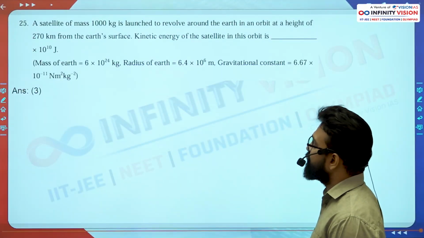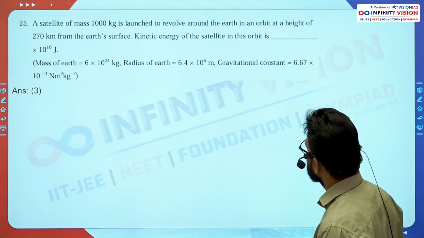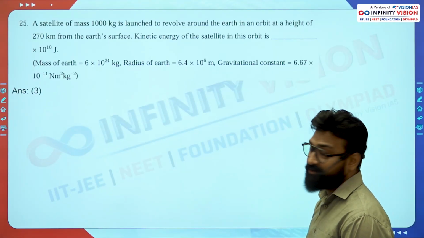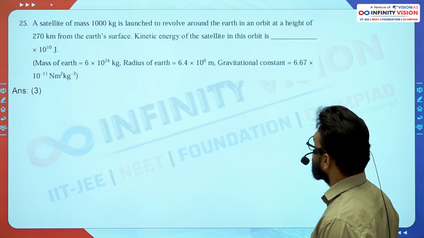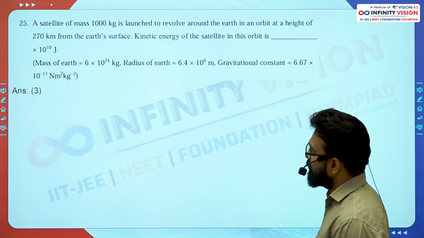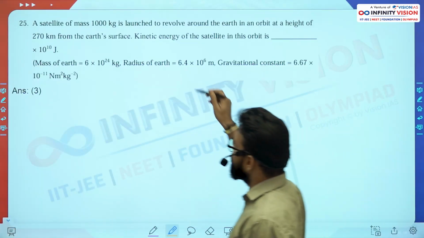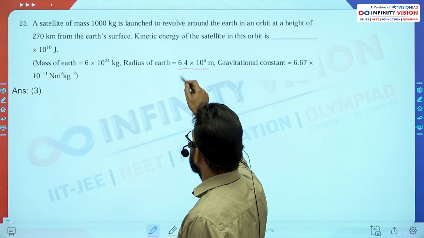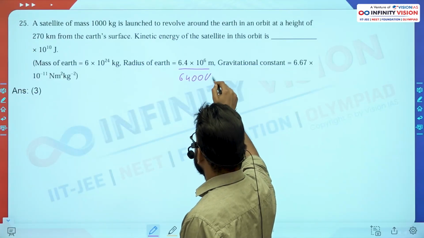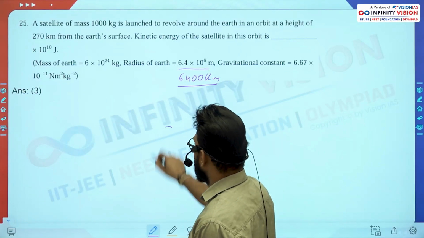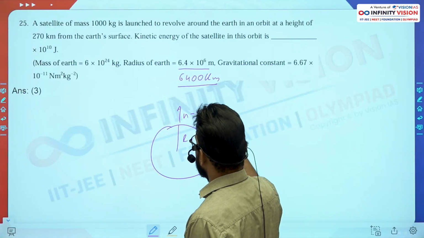Next, a satellite of mass 1000 kg is launched to revolve around the Earth in an orbit at a height of 270 kilometers from the Earth's surface. The kinetic energy of the satellite in that orbit is needed. The mass of Earth is given to you, and the radius of Earth is also given, which is 6400 kilometers, and the height is 270 kilometers.